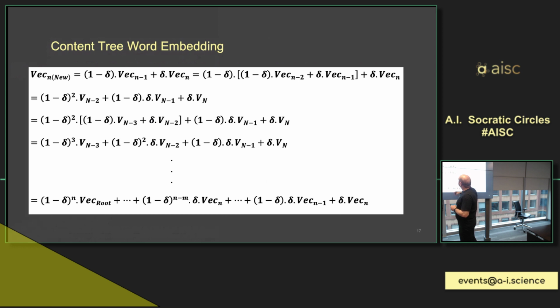If we continue this more and more, at the end we have the vector of the root, and this vector can influence all the word vectors in the document. I should confess that the weak point of this algorithm is that this root is selected randomly or selected as the first word in the context.